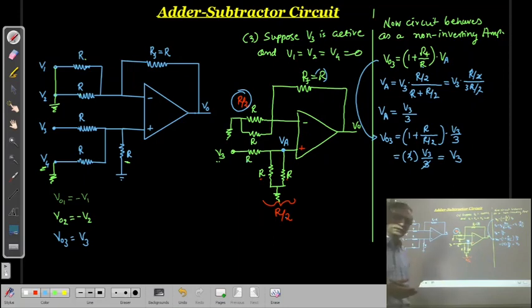And in a similar way, we can also find out what will be the voltage due to V4. Because V3 and V4 both are given to a non-inverting terminal, the same logic, same method, if you apply, then we can calculate.